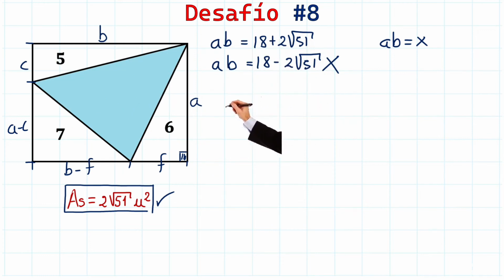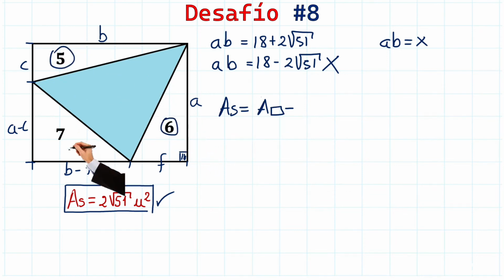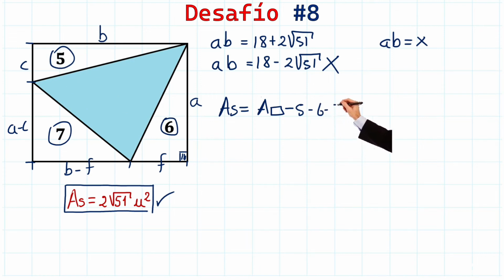Now we're going to write the solution to the exercise. The shaded area is going to be equal to the area of the whole rectangle, minus the area of all these right triangles, minus the area of this triangle, this one and this one, so minus 5, minus 6, minus 5 and minus 7.